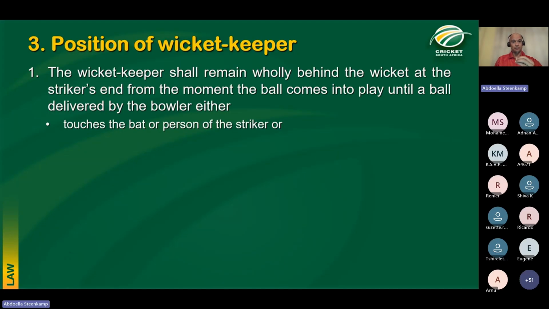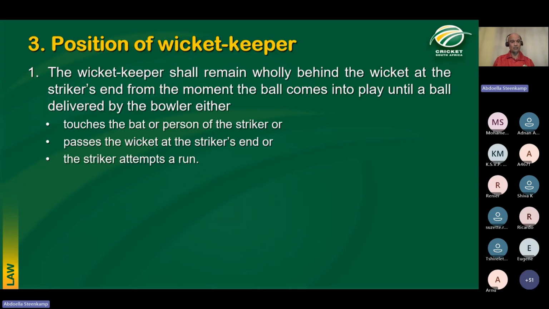Unless it touches the bat or person of the striker, then the law allows the keeper to come in front of the wicket. If the ball passes the wicket at the striker's end, then the keeper can come in front of the wicket. And lastly, if the striker attempts a run, the keeper can come in front of the wicket.